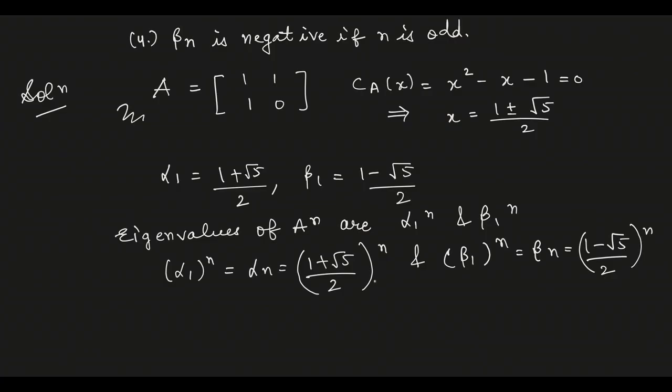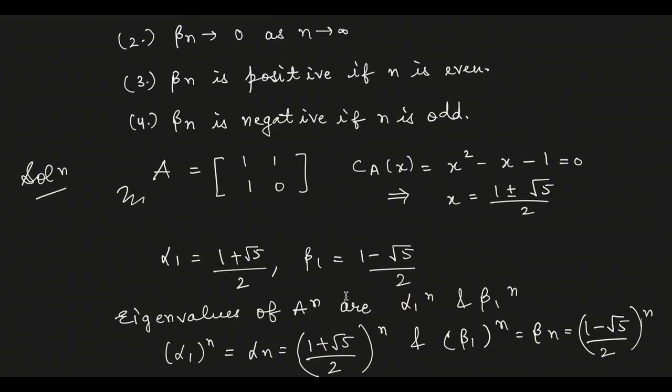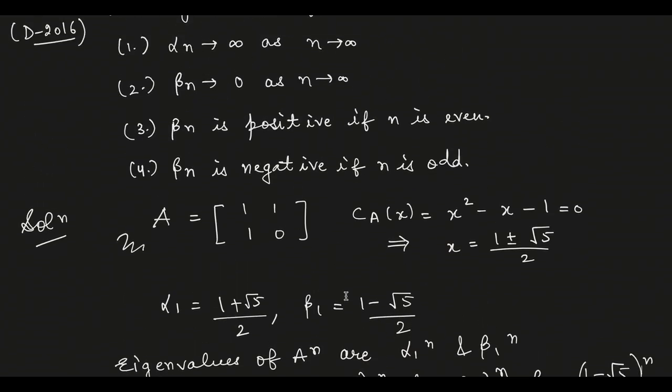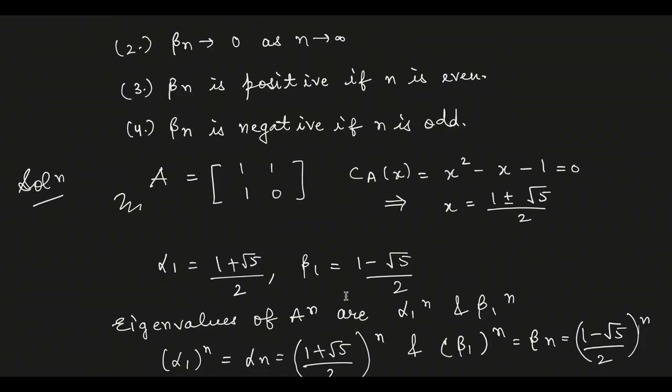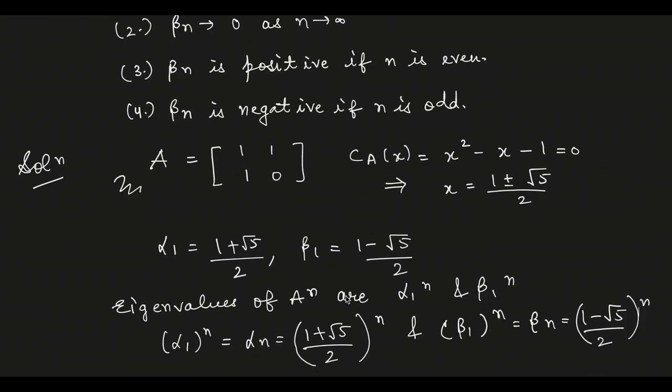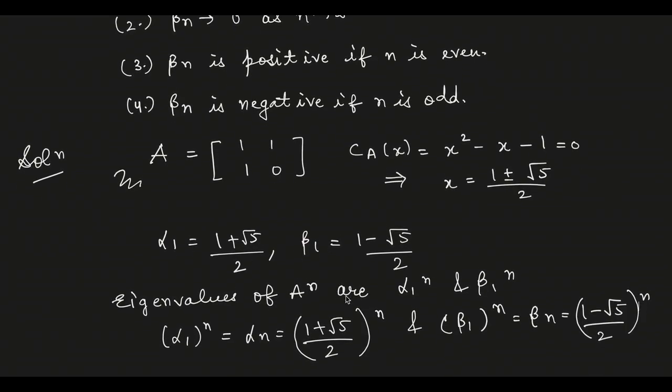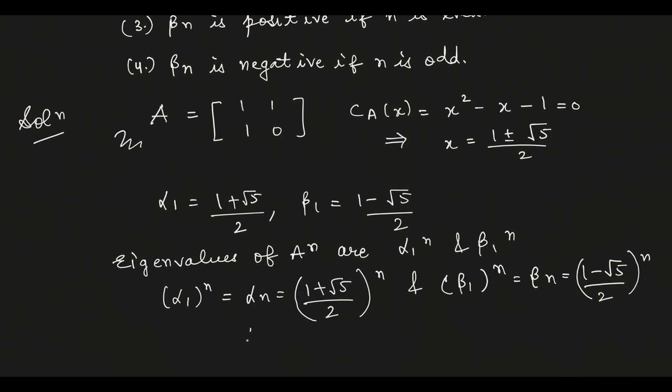So after that, what was your approach? Applying limits. First, alpha n tends to infinity as n tends to infinity, beta n tends to 0 as n tends to infinity. So option 1 and 2 are correct. And what about third and fourth?